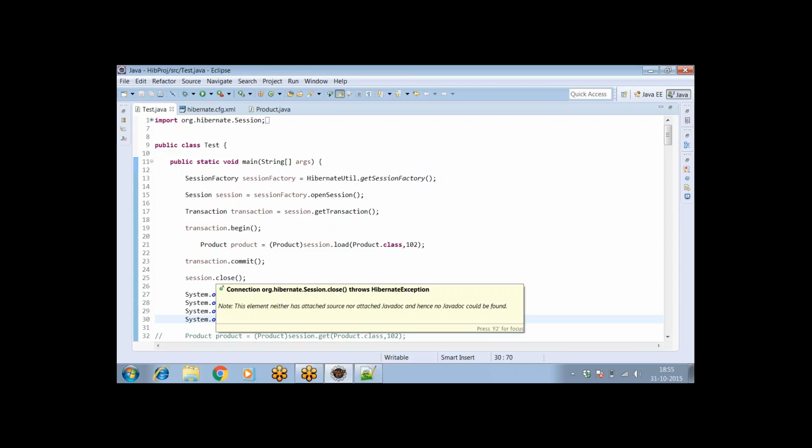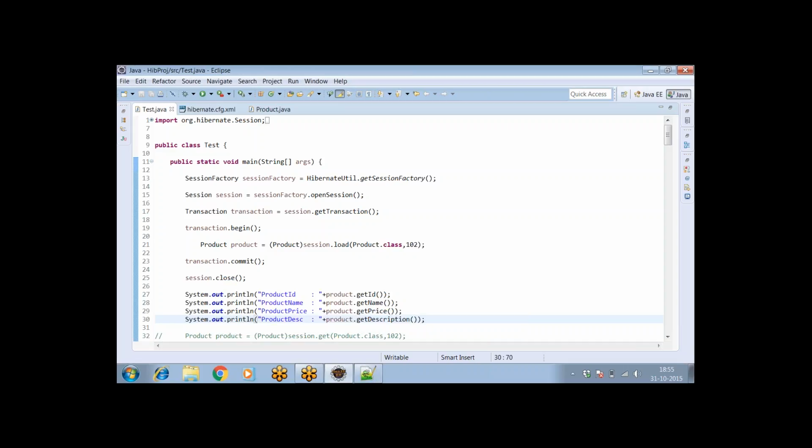So if you close the session, then there is no one to interact with the database server to fetch that records. So if I do this here, I can say that it is going to fail in this record. Let's see.